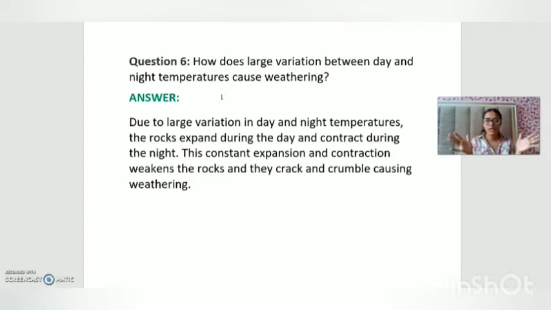This constant expansion and contraction weakens the rock, and they crack and crumble, causing weathering. Expanding, contracting, again and again, weakens the rock and little cracks are formed. Due to that, weathering is caused.